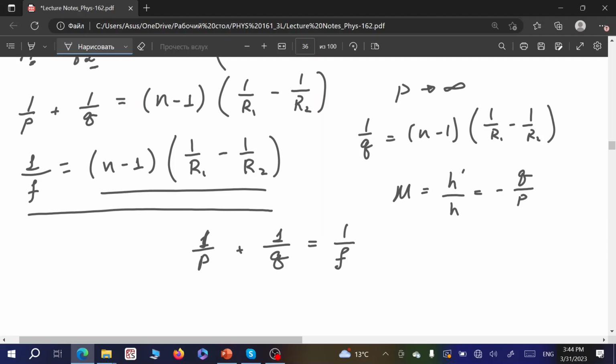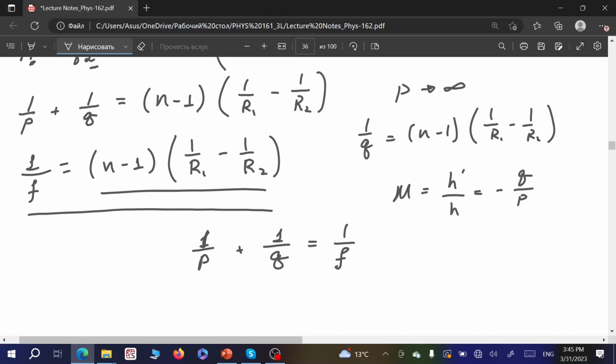We know that when rays are traveling parallel to the principal optical axis, they go through the lens and converge in one point. That is called the focus of the lens. The distance from the lens to this point, which in this case is the distance from the lens to the image when all rays are traveling parallel to the principal optical axis, will be our focal distance.